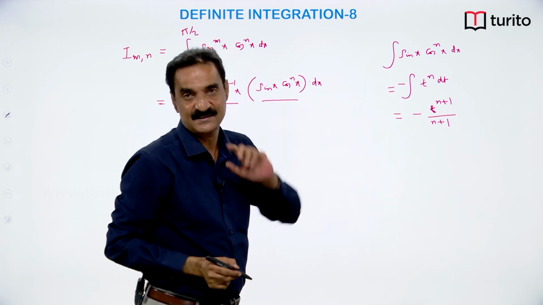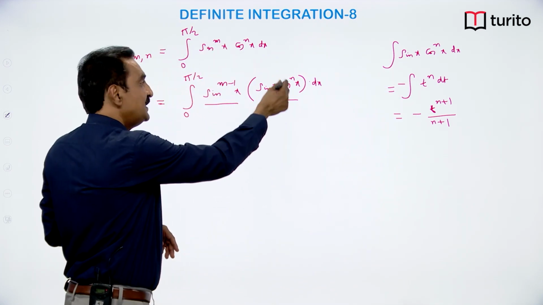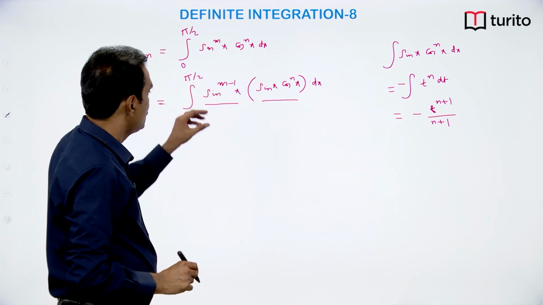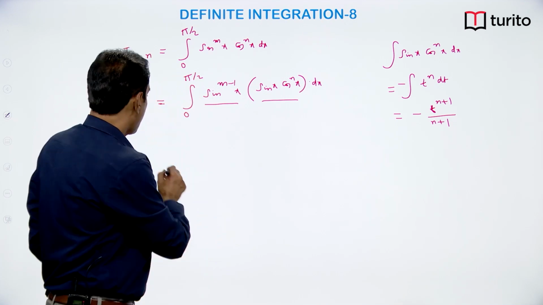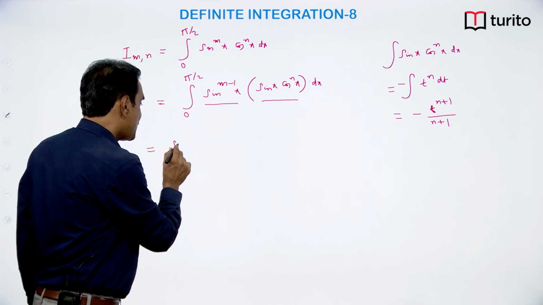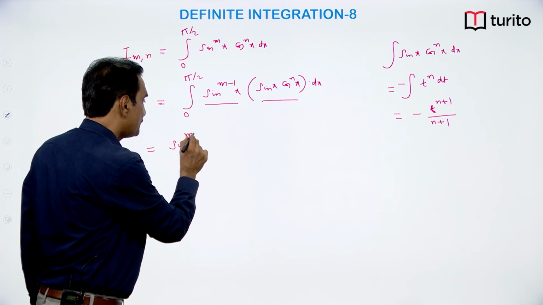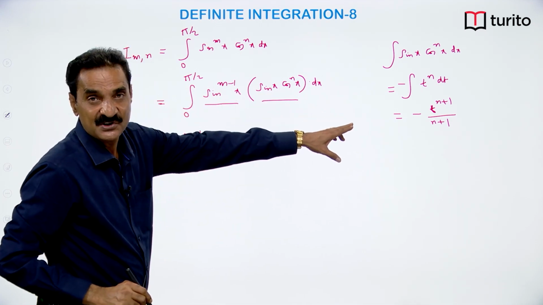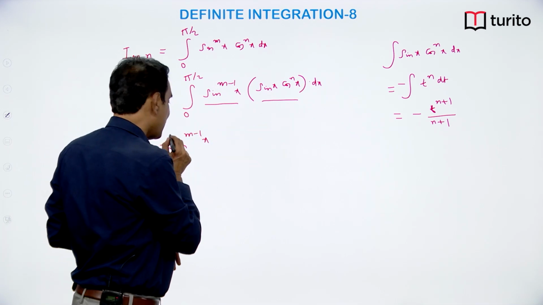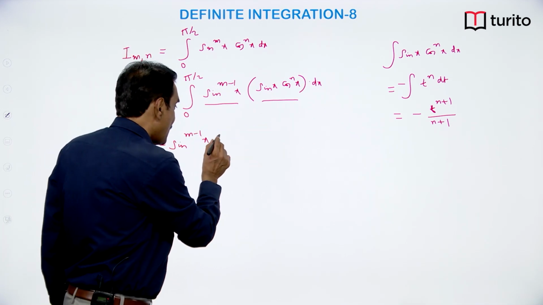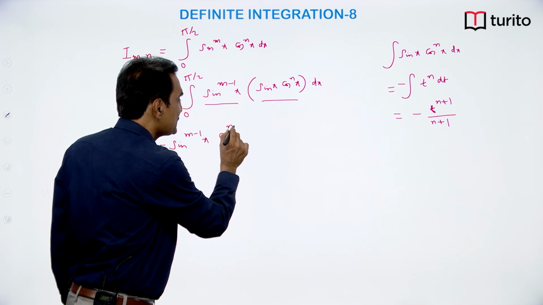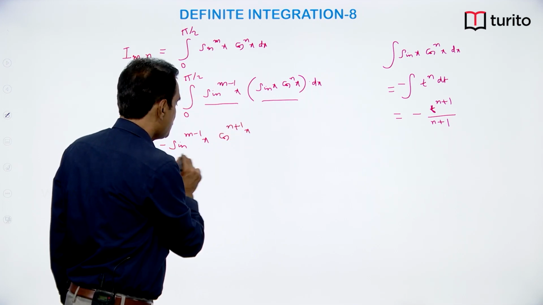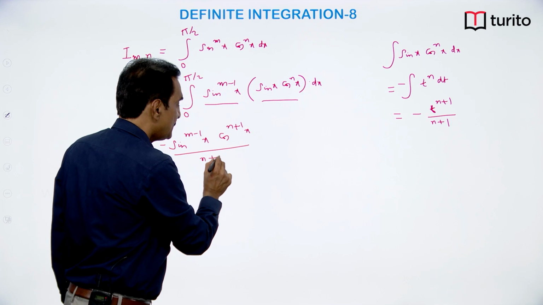What is t? Cos x. So its integral is known. So integrating by parts now, first function into integral of the second function. Integral of the second function is, I will put minus here, cos power n plus 1 x by n plus 1.